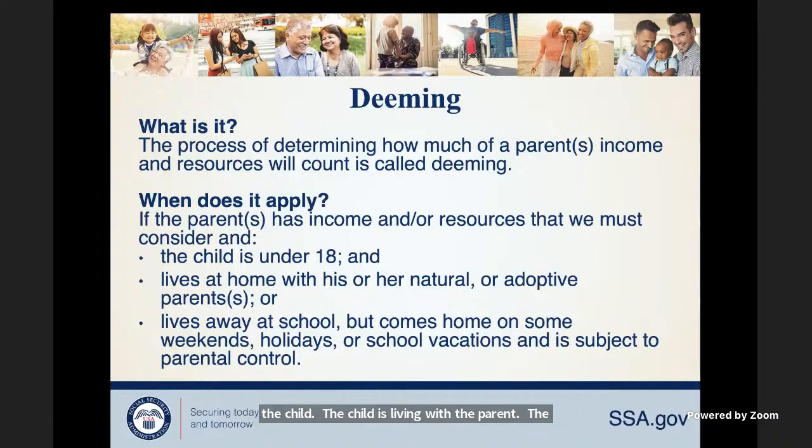We're not going to count that income. Now, if the grandparent adopts the child, their income could possibly be counted against the child for SSI purposes. If the grandparent adopts the child, there is also a chance that a portion of their retirement benefits, if they're receiving benefits, could start getting paid towards that child.